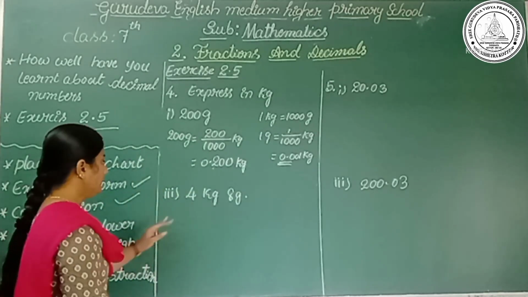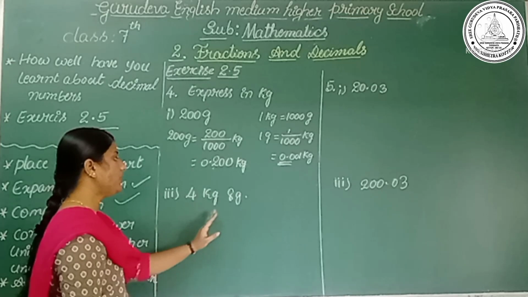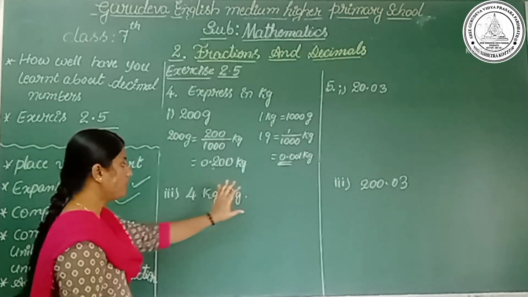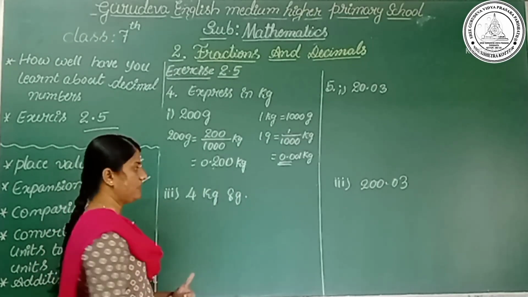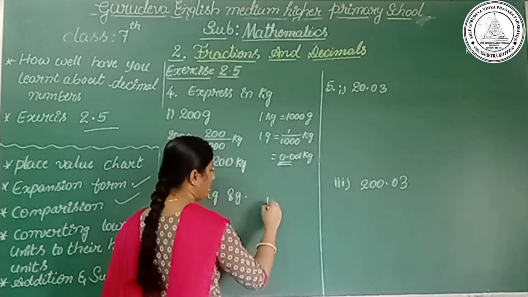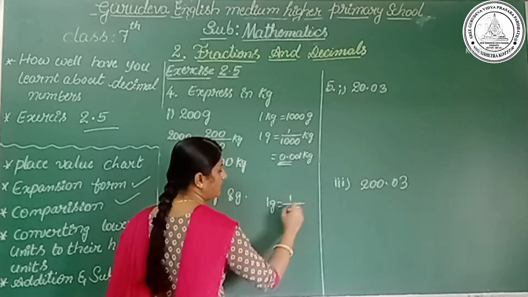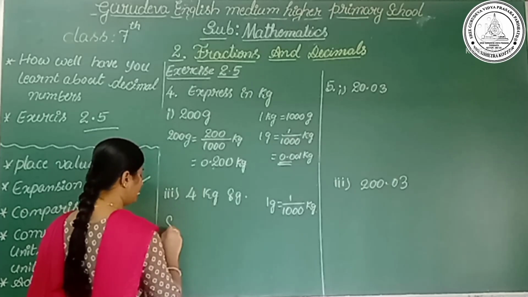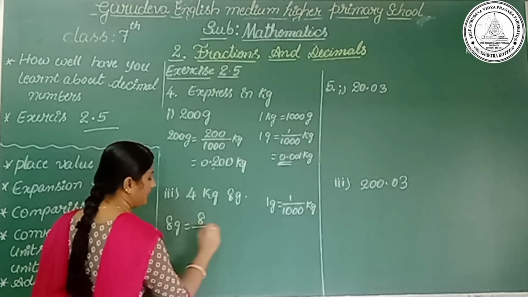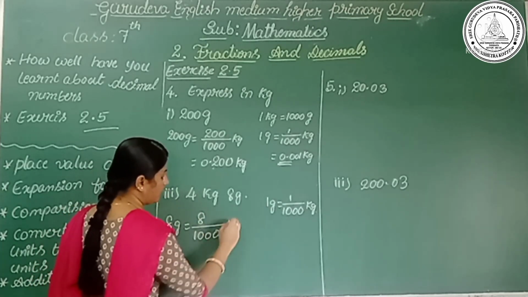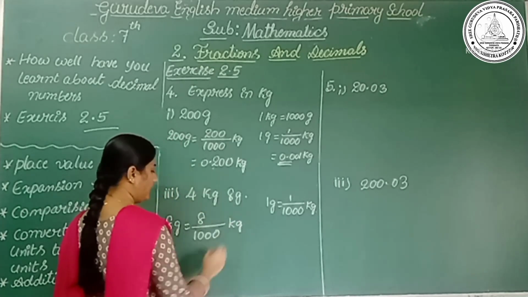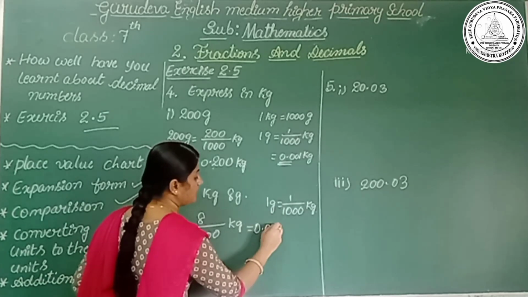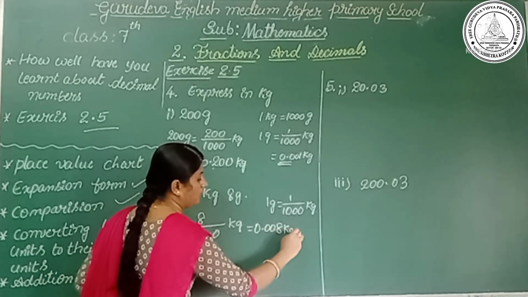Okay. Then the third one is 4 kg 8 grams. 4 kg is already given in kilogram. We just have to convert 8 grams into kg. The same type, write here. 1 gram is equal to 1 by 1000 kg. Then 8 gram is equal to 8 by 1000 kg. If we keep it in decimal form, it is 0.008 kg.